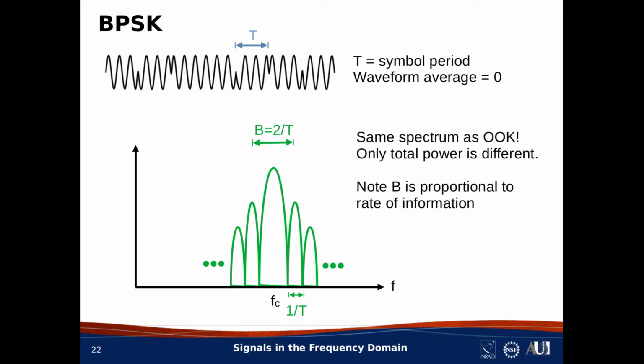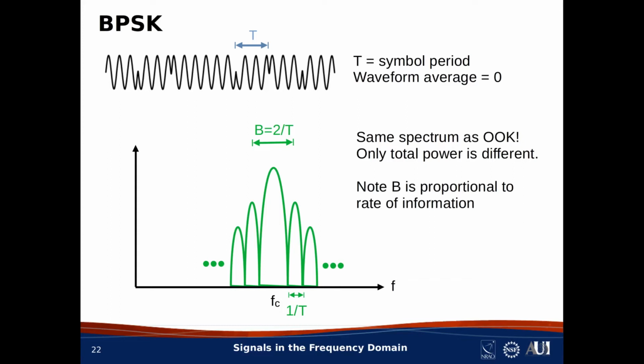Well, the answer is we see almost exactly the same thing we see for OOK. The only difference is that the power spectral density goes down by a constant factor of 2. This is because the carrier is on 100% of the time for BPSK, but it's on only 50% of the time for OOK. Other than that constant level shift, everything looks the same.